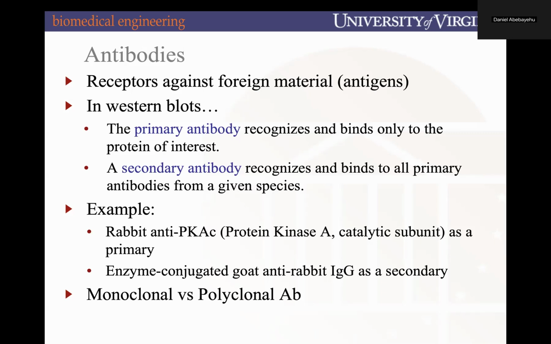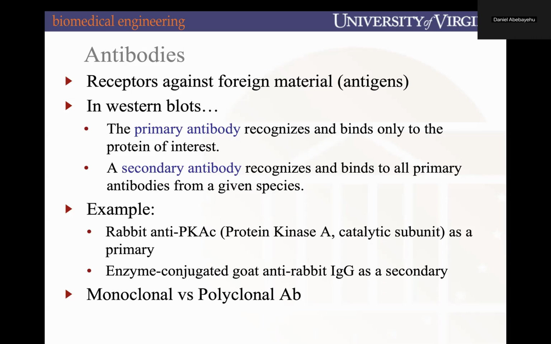You would typically like to avoid having the same species. So if this is a mouse anti-PKAC, you'd want to avoid a mouse anti-mouse secondary because you'd have self-recognition of these antibodies that would be problematic, and you'd have false positives in your signal.